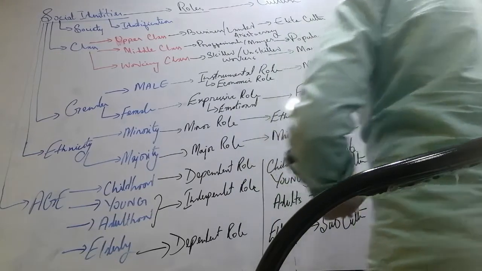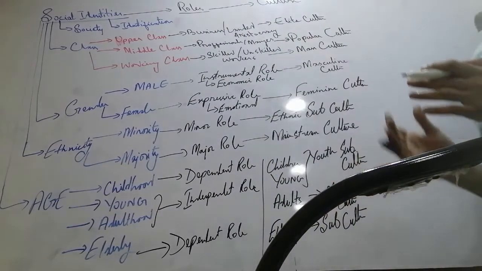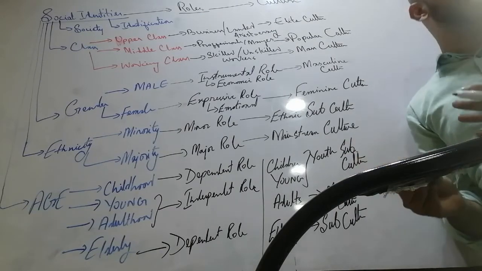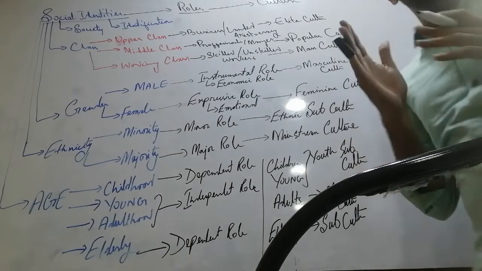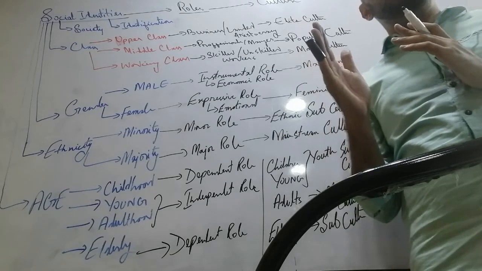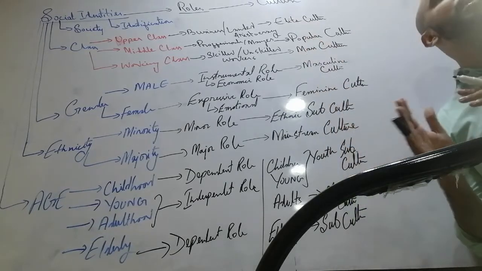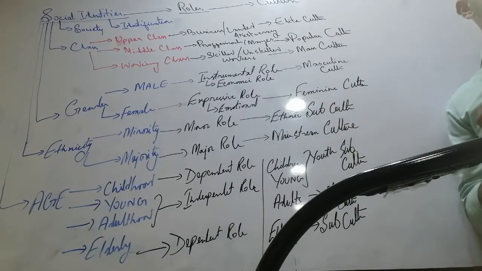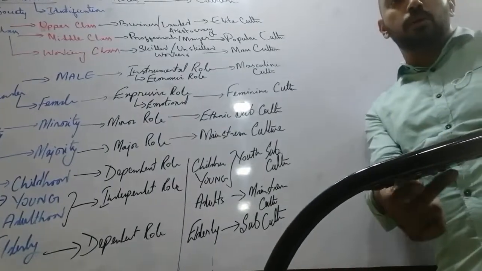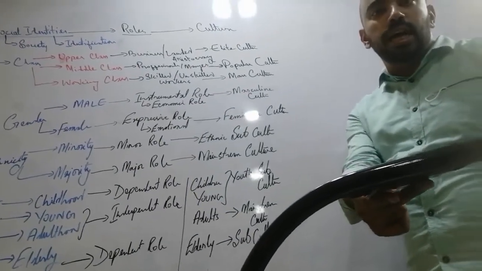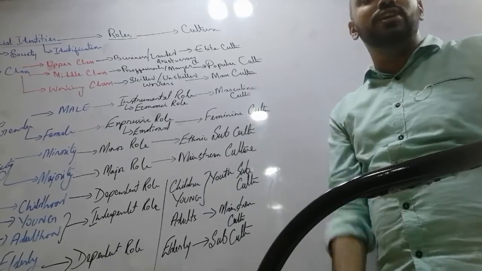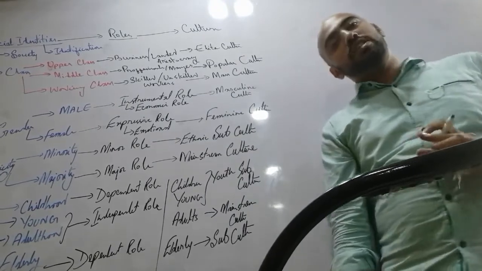So they have some of their own consumption patterns, their own preferences. Okay, so subculture means they want some variation in the mainstream culture. Okay, so like if you talk about adult consumption patterns or elderly consumption patterns, they have different consumption rules. They used to consume things in a different way.